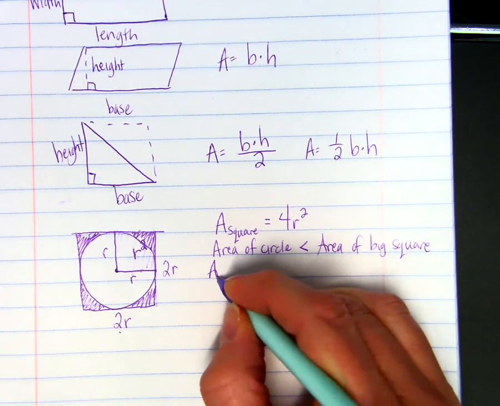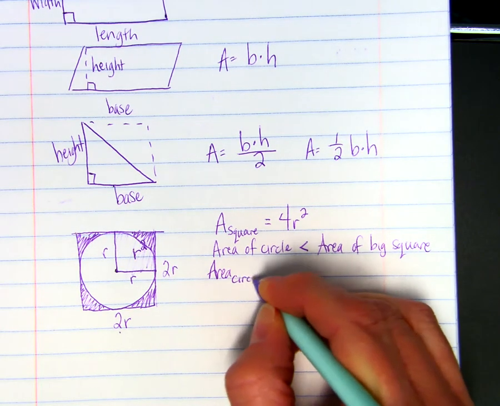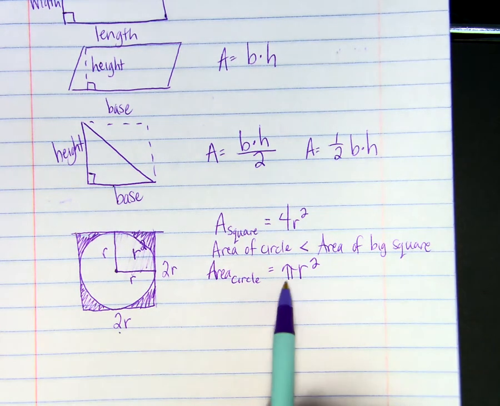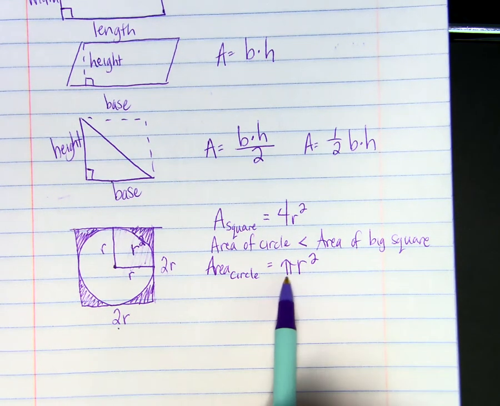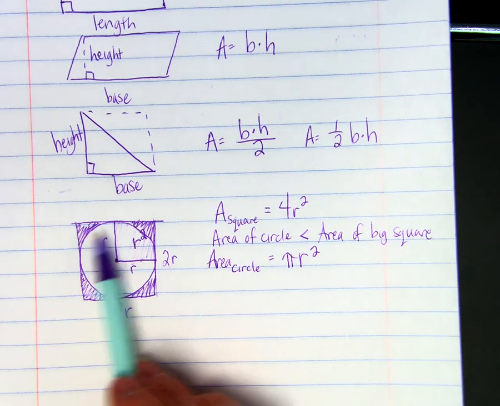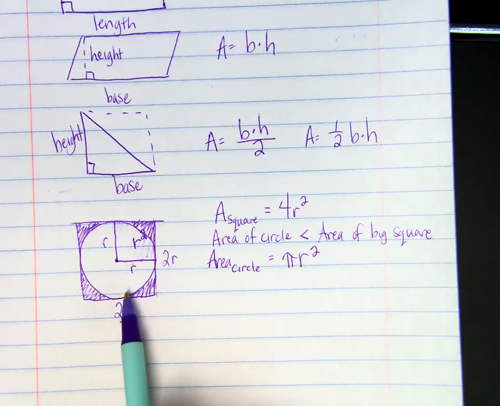The area of a circle is equal to pi r squared. If you remember, the approximation of pi is 3.14, and isn't that a smaller number than 4? So this area will be pi r squared.